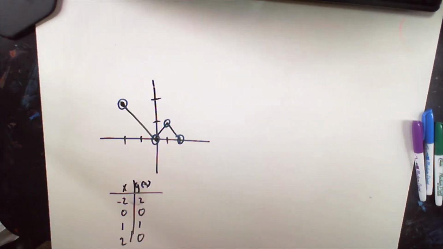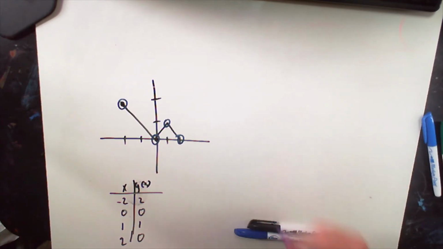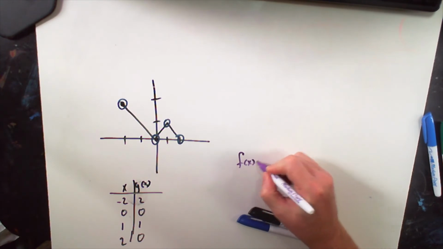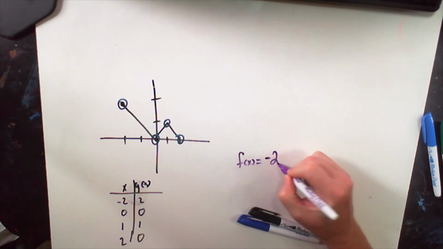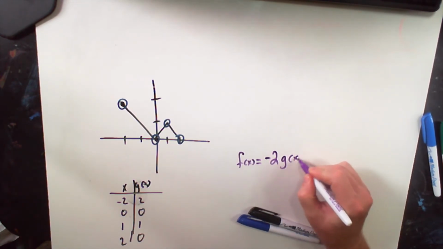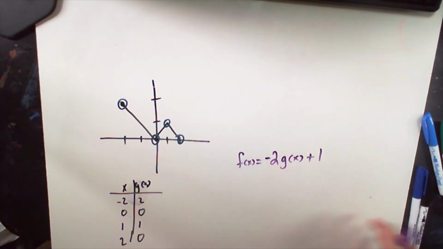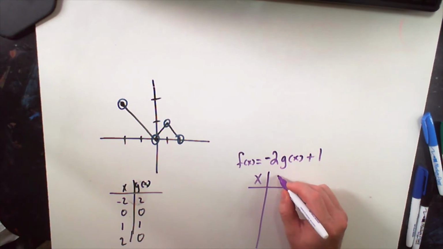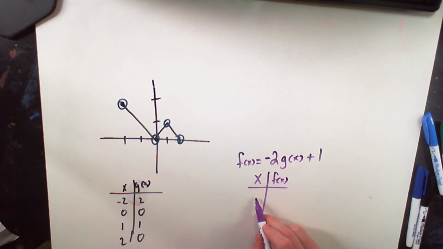All right. Next we have f of x equals negative 2 g of x plus 1. Nothing is done to the x, so negative 2, 0, 1, 2.